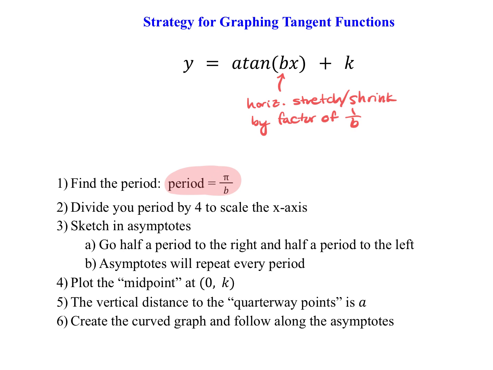Once you have the period, I'm still going to divide your period by 4, and I'm going to use that to scale the x-axis because tangent is still split up into 4 parts. There's an asymptote, there's 3 points, and then there's another asymptote. So there are still 4 parts to our tangent graph. So we're still going to use that same rule to help us scale our x-axis.